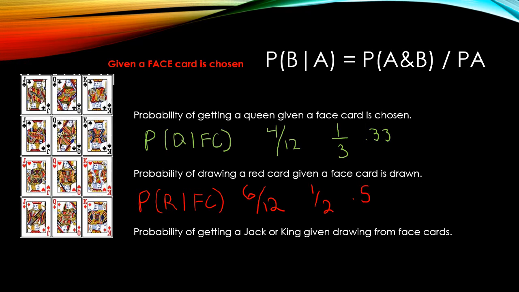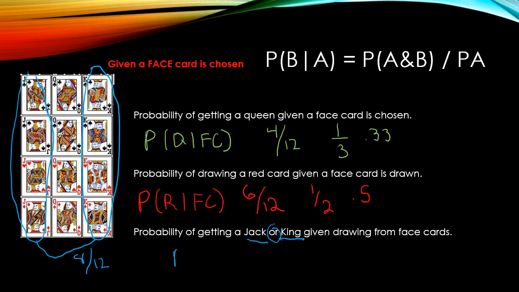What's the probability next of getting a jack or a king given drawing from face cards? For this, we have an or, which means we take all of the jacks and all of the kings, and this is a little weird because it's either or. So a jack or a king gives us a total of 8 possibilities out of our 12.